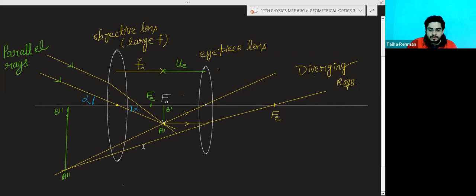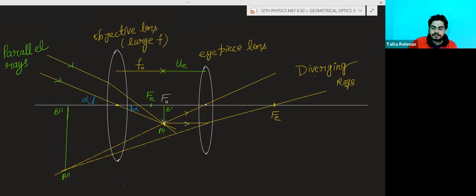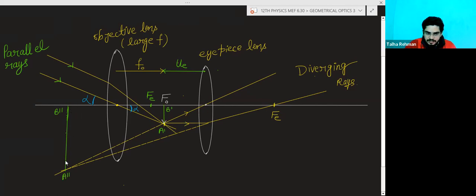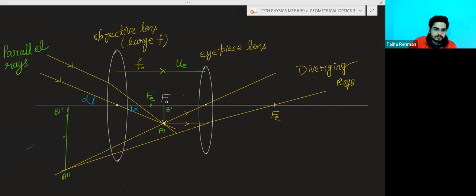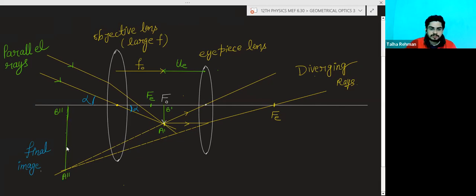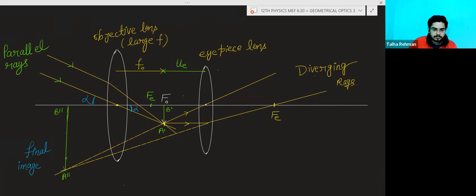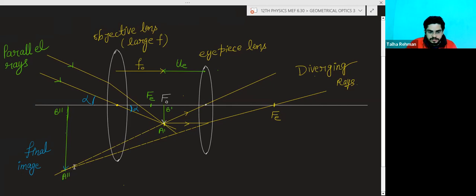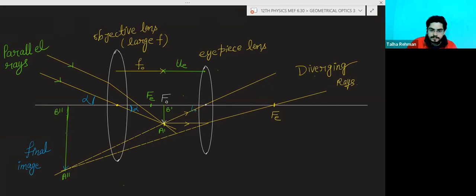Now beta, you can take beta as the visual angle formed by the final image. So this is the final image. Now this image is subtending an angle of beta here.